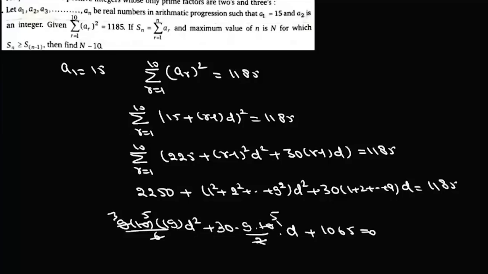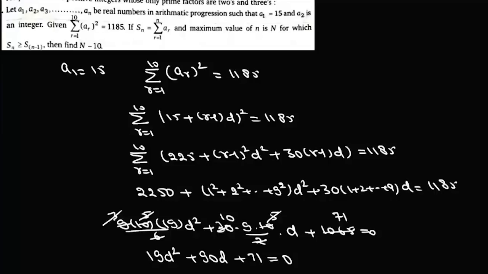Now we'll divide everything by 15. We'll get this equation as 19d square plus 90d plus 71 equals 0.